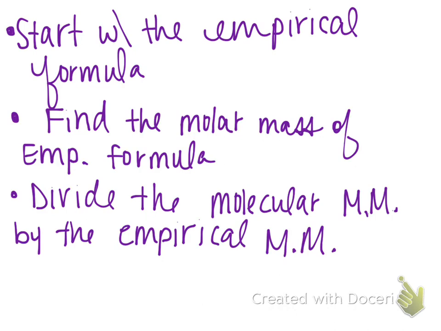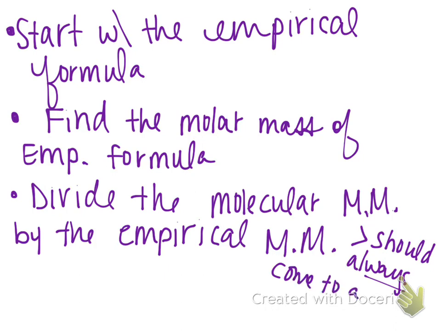Okay, this calculation should always come out to a whole number. If it does not come out to a whole number, that means we did something incorrectly. It should come out to a whole number or really close to a whole number, because that tells us how big our molecular formula is compared to our empirical formula.